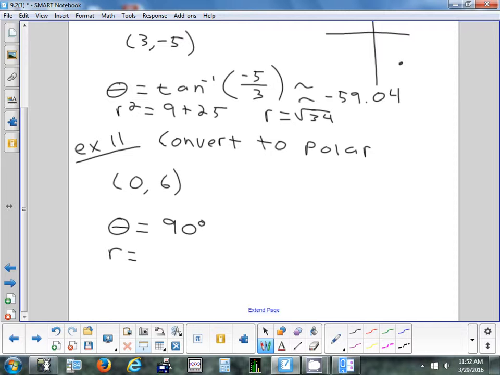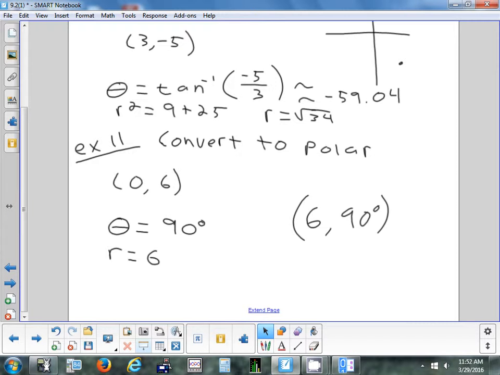It's 6. It's 6 units from the origin. So if I was going to write this point, (6, 90). Somebody give me one other way you could write it? (6, -270). Yep, that's another way. And we went through all 4 ways.